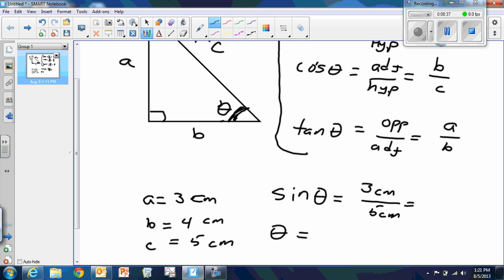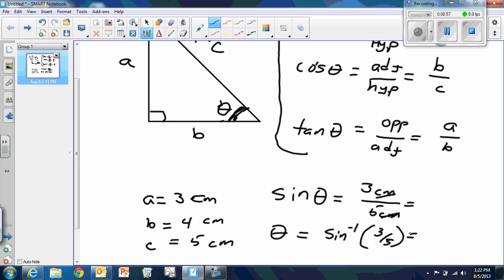So theta is going to equal sine to the -1, and this is what you're going to put in your calculators. Sine to the -1, so second sine, parentheses, 3 divided by 5. I don't have any units because the centimeters divide out. And that's going to give me a number.